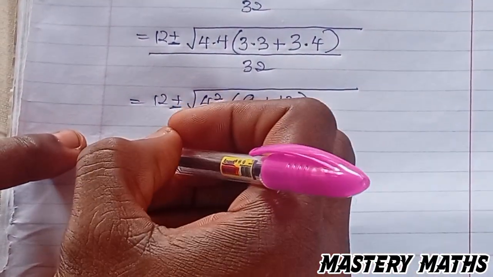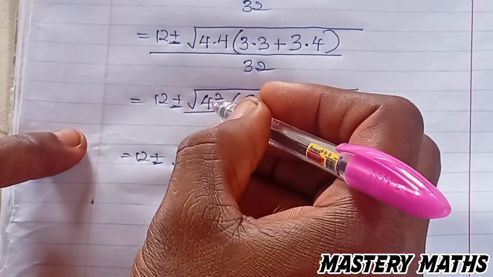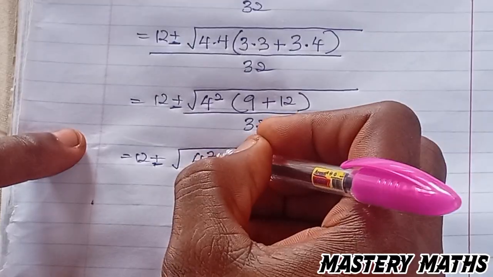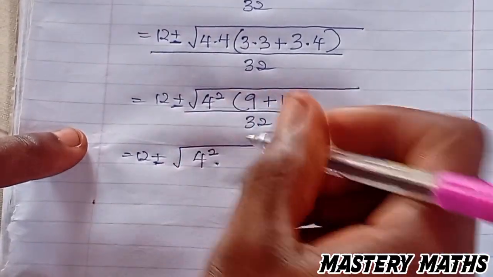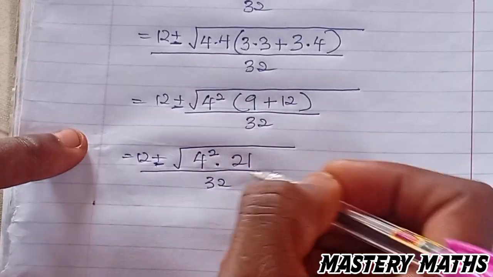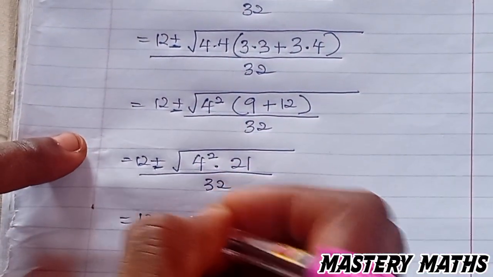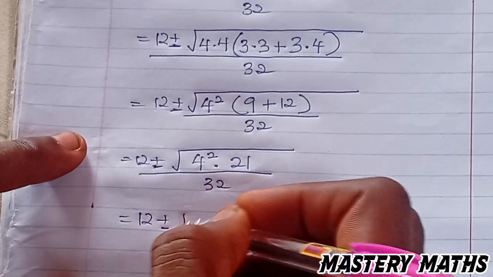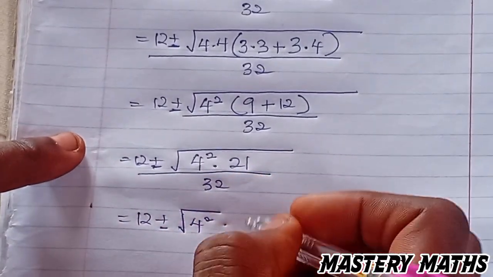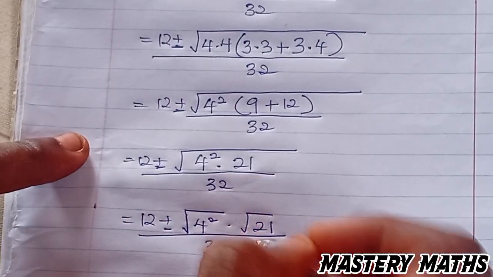You have x equal to 12 plus or minus 4 squared, which we bring down, times 9 plus 12 is 21, all over 32. This time I want to separate it: 4 raised to the power 2 times root 21, all over 32.